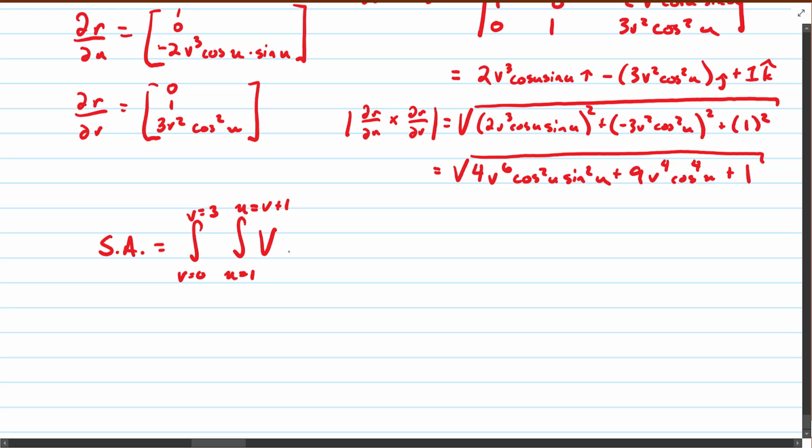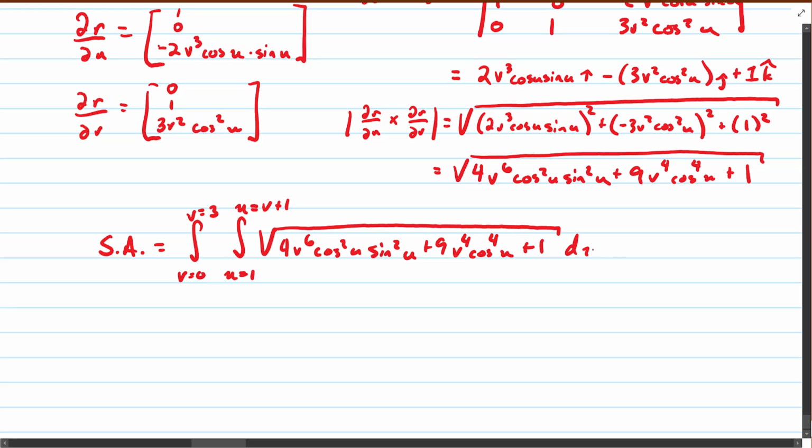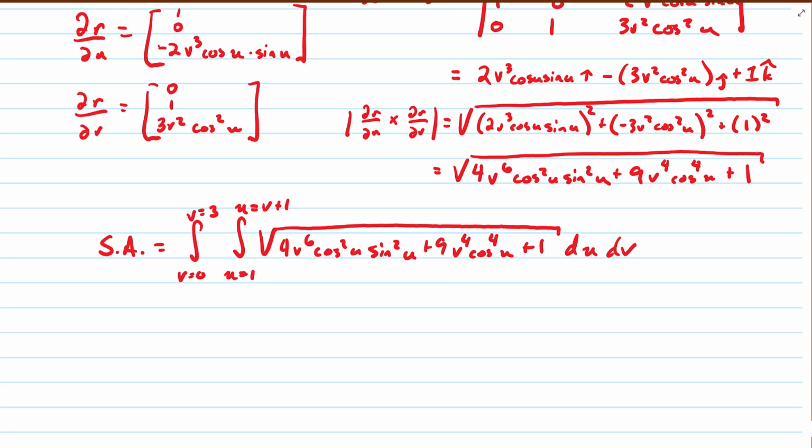And then we have our integrand, which is the magnitude of the cross product: the square root of 4v to the 6th cosine squared u sine squared u plus 9v to the 4th cosine to the 4th u plus 1, du dv. That's a v. Folks, take a look at that and let me know if you have any questions, and we'll move on.